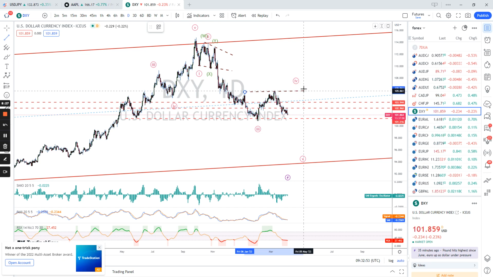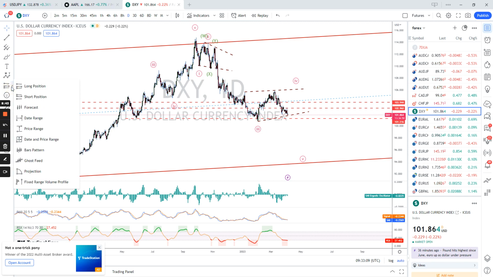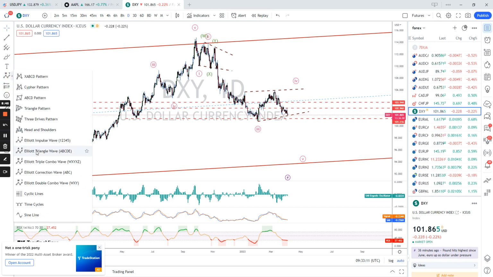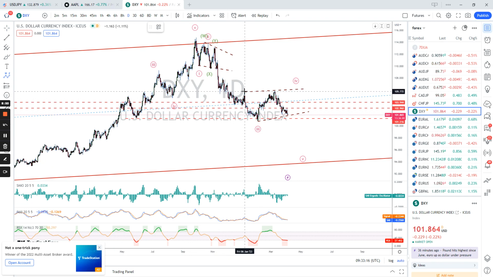So this is also triangle consolidation with the complex triple combo wave expected to play out here before continuation lower, or continuation to the downside.